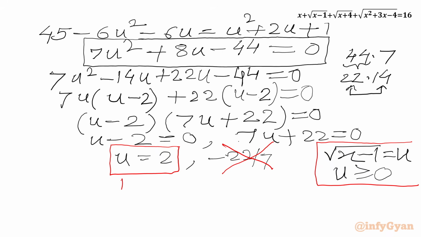Now u was square root of x minus 1. This was u, so equal to 2. Now we will be squaring both sides and we will get (square root of x minus 1) whole square equal to 2 square.